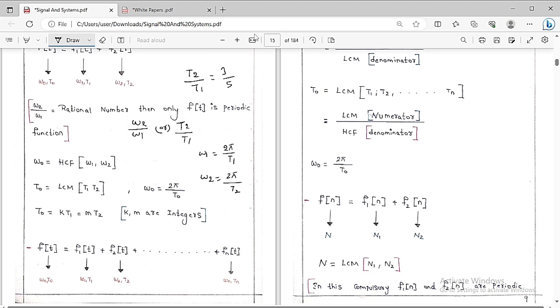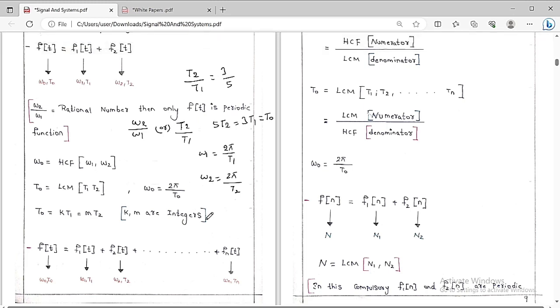Then I can do the cross multiplication, so 5 into t2 is equal to 3 into t1, which is called the overall time period t0. So t0 is equal to k into t1 or n into t2, where k and n are integers only. These things always you have to keep in your mind.